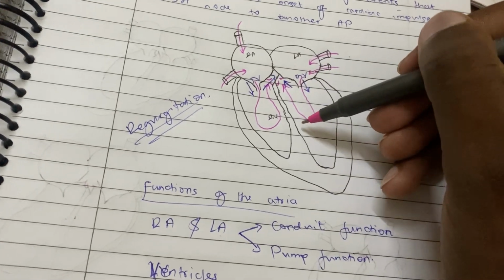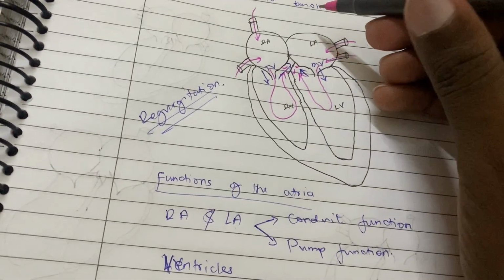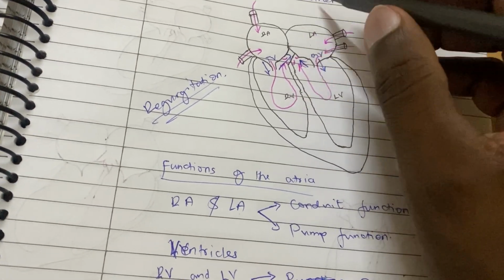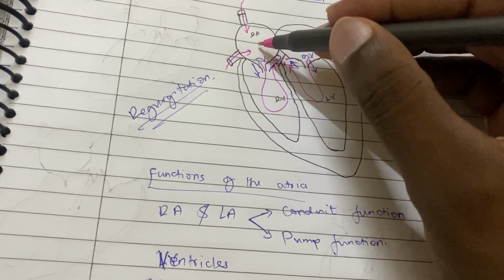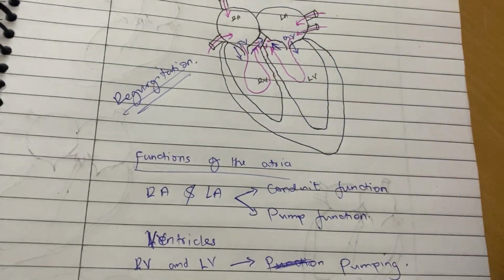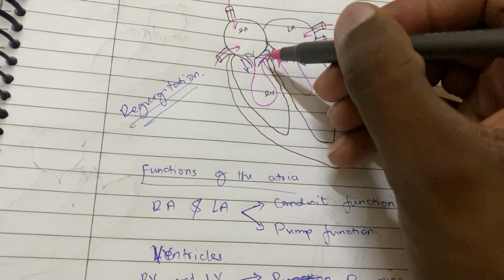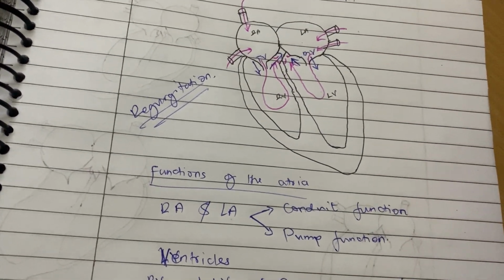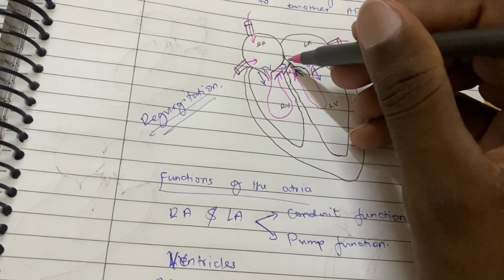Either by opening or closing. But for that case, it will be opening. If the pressure in RV is more than that in RA, the valve will respond by closing. And then the pulmonary valve will respond by opening if the pressure in RV is more than that in the pulmonary artery.